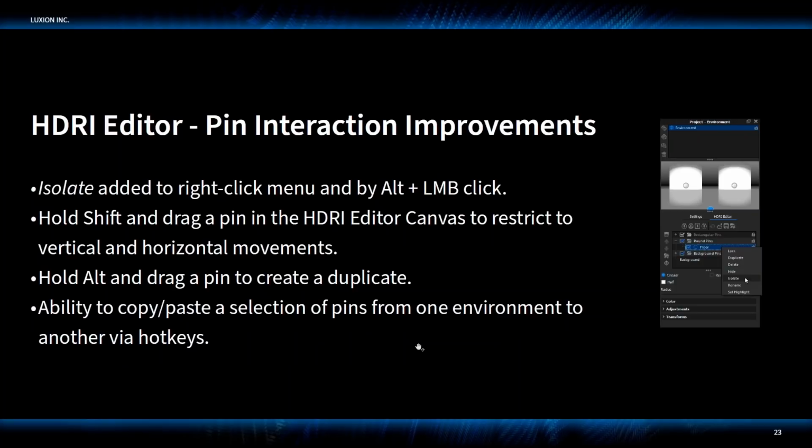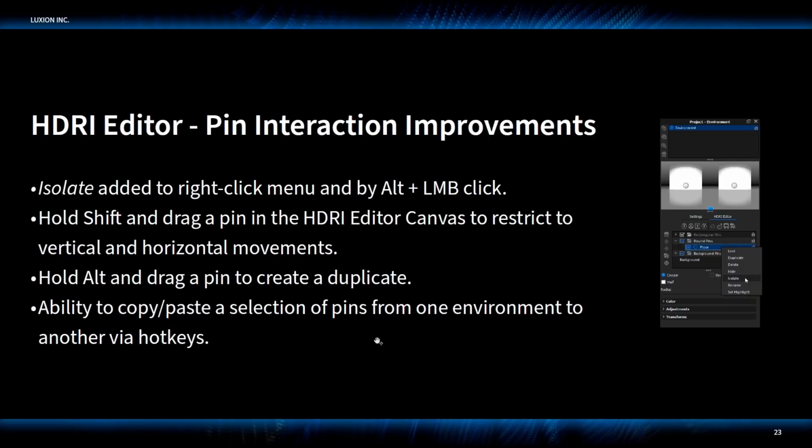We have made some improvements to pin interaction in the HDRI editor. You can now isolate pins using the right click menu or by holding Alt and left mouse button clicking on a pin. This is very helpful if you're trying to see the impact of just a single pin on your scene.